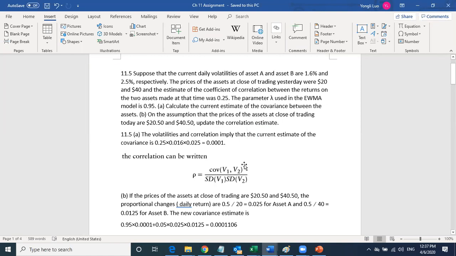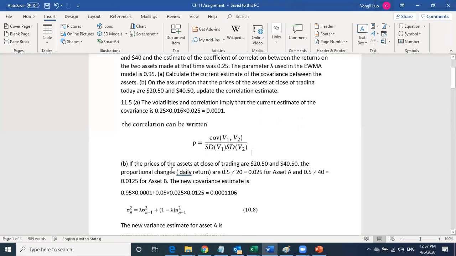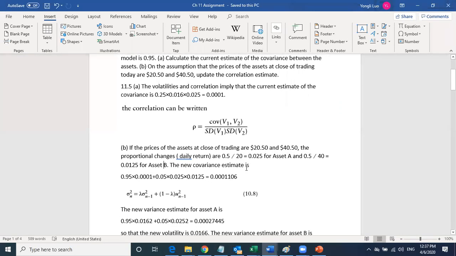So you get a covariance, and the prices of the assets change to 20.5 and 40.5. So you calculate the daily return. Daily return is 20.5 minus 20 divided by 20. This is the daily return for asset A, and this is the daily return for asset B. How do you estimate the new covariance?